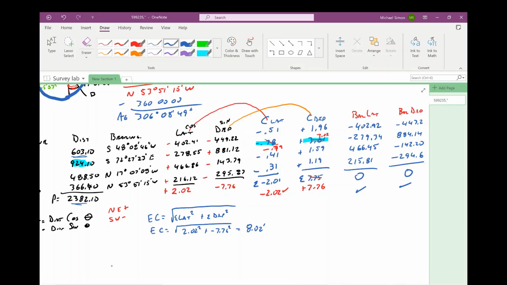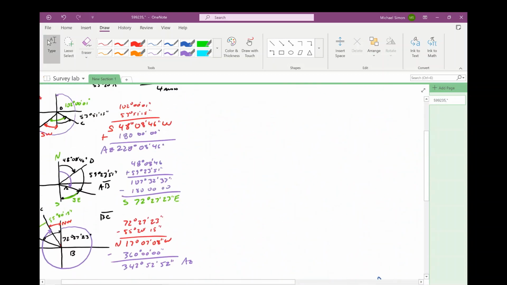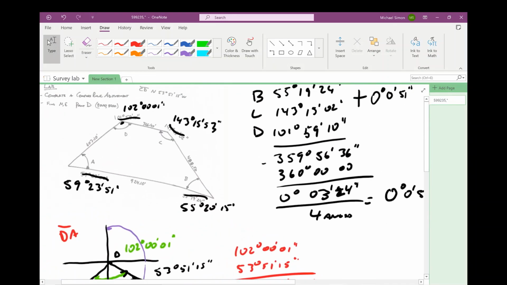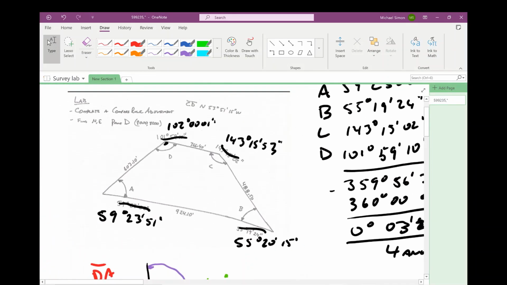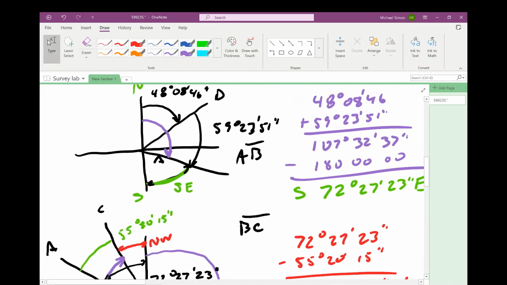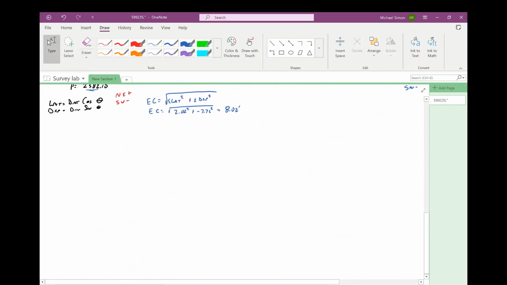So on this one, go back to the original problem. What do we give you as the starting point? We said point D would be 8,000, 8,000. Okay. So we're taking point D as 8,000, 8,000. That's northing and easting.